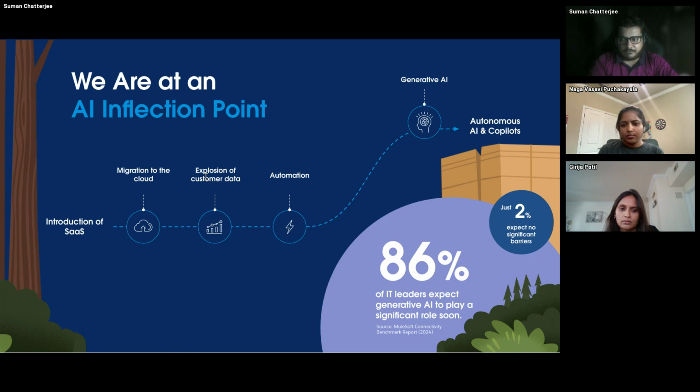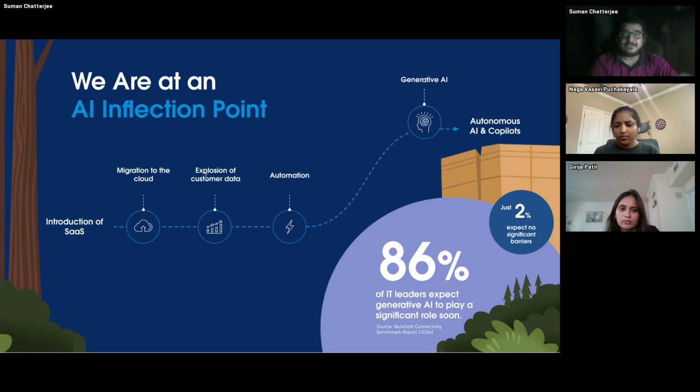Post 2010s, we have seen the popularity of cloud service providers start to increase. And then with these two strategic moves, along with the adoption of automation over the last couple of years, the entire business landscape started to change drastically.